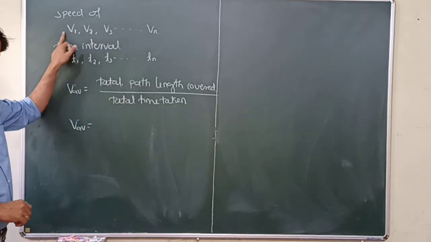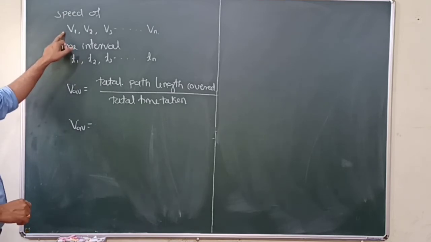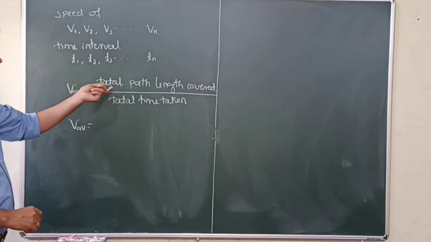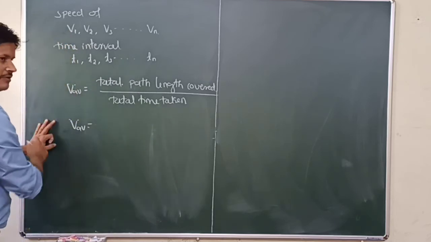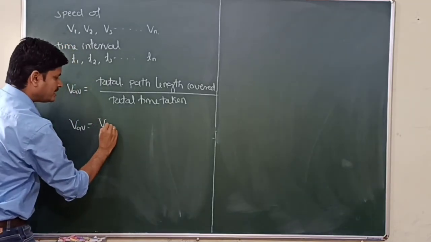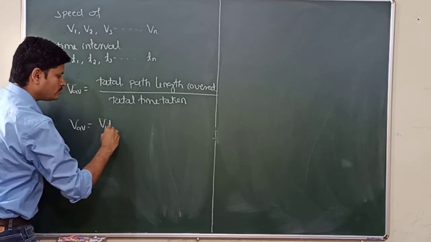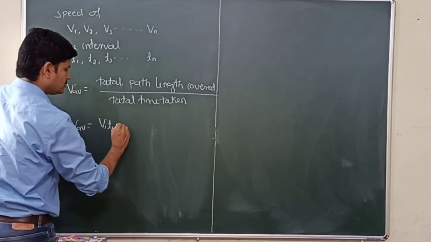What is the total path length? Here only the speeds are given, and velocity into time gives the path length. The first velocity is covered in a time t1, therefore we take v1 into t1, correct?